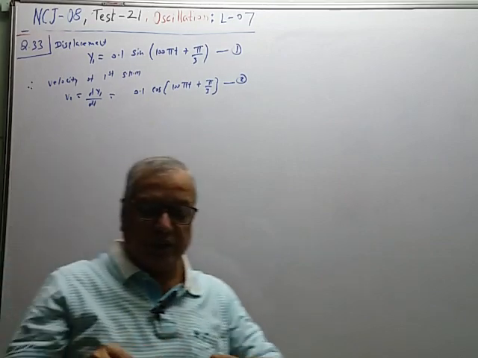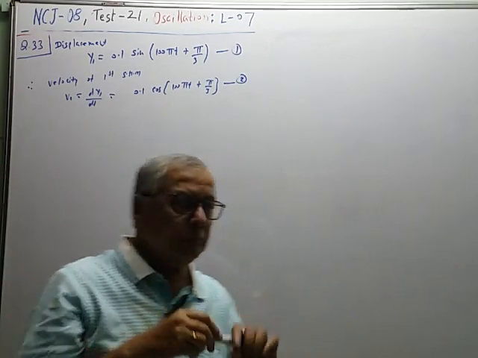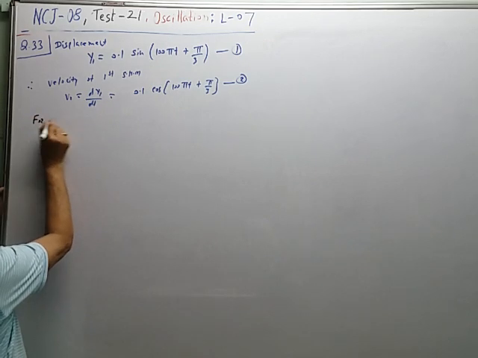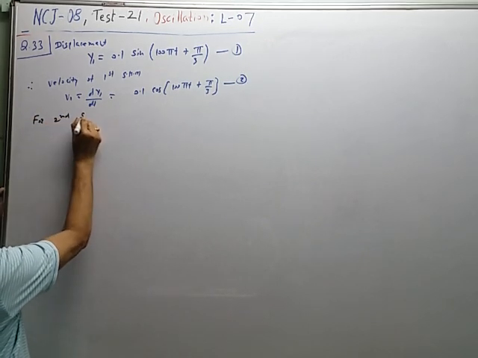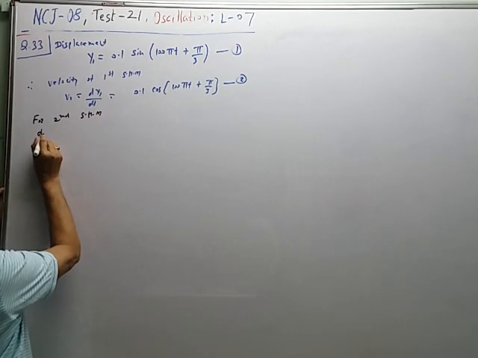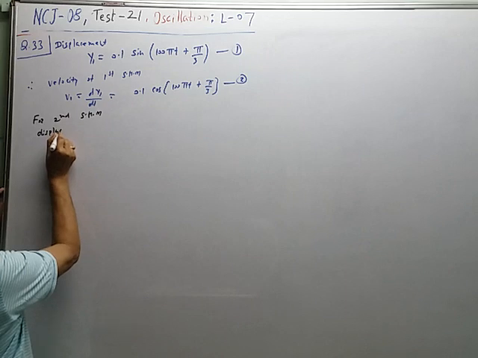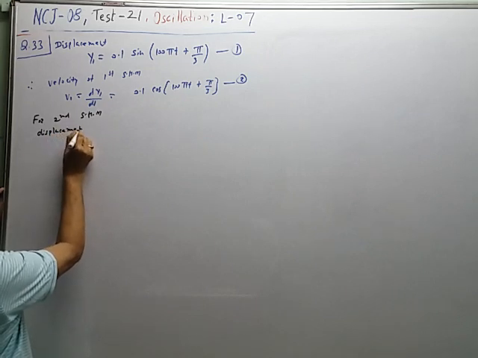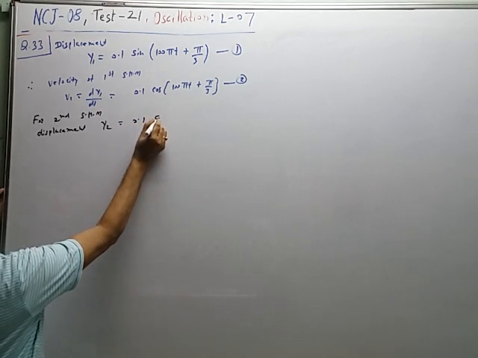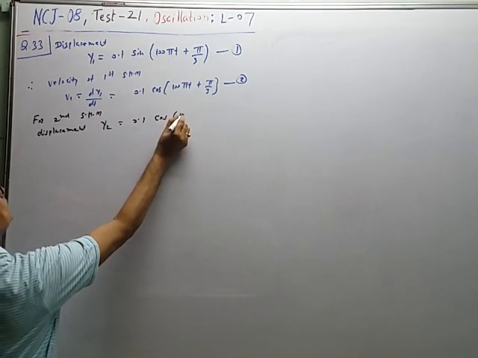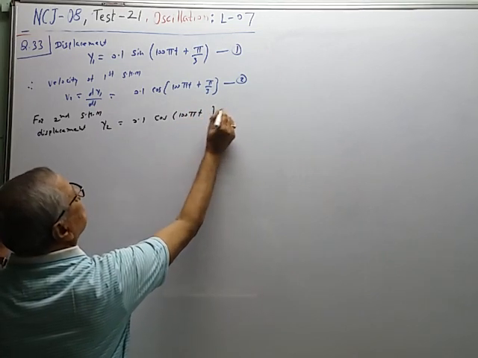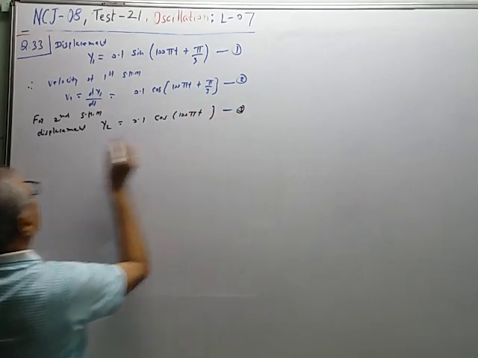Now velocity of second SHM can be calculated like this. For second SHM, displacement y2 is equal to 0.1 cos of 100 pi t. This is equation 3.